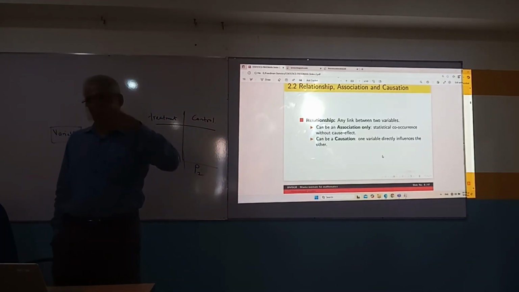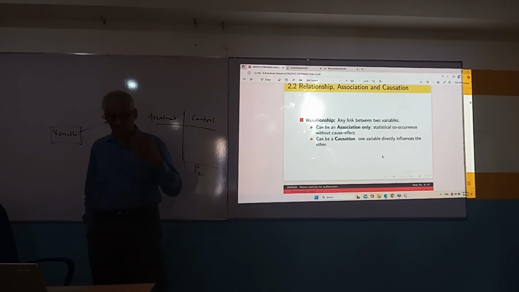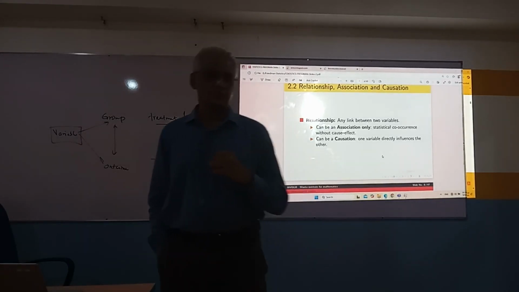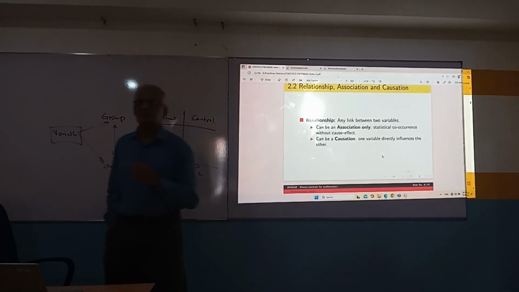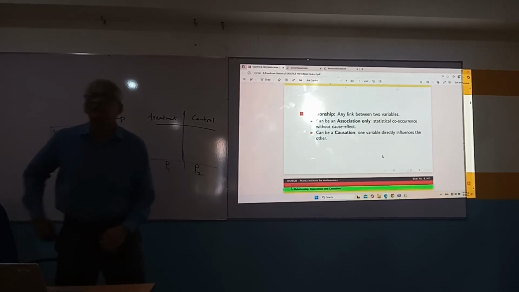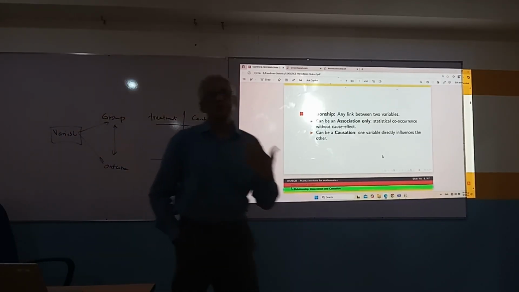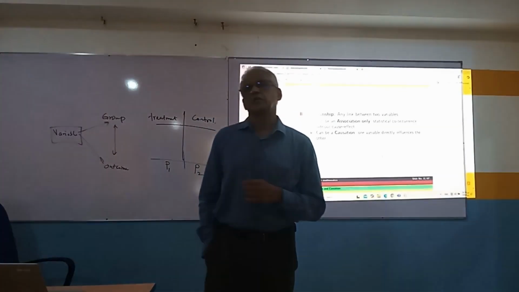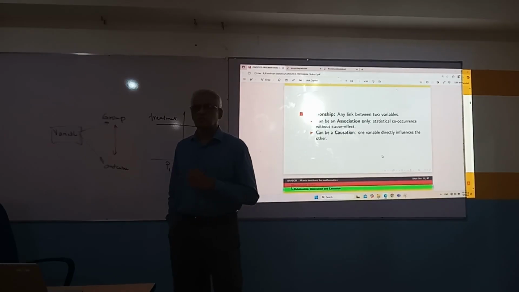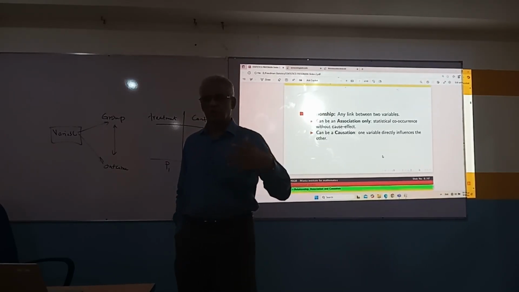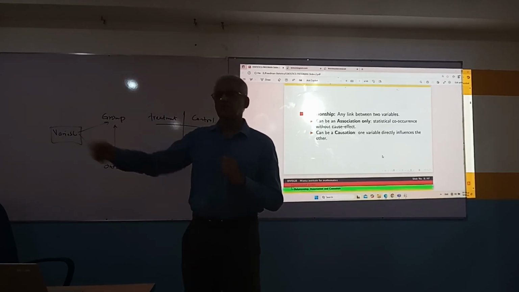But when you want to talk about statistical relationships, usually we use the word association. Association is usually a statistical relationship. And then a particular type of association is causation. So it's a stronger association. Causation means when you change one variable, because of that, the other variable will change.